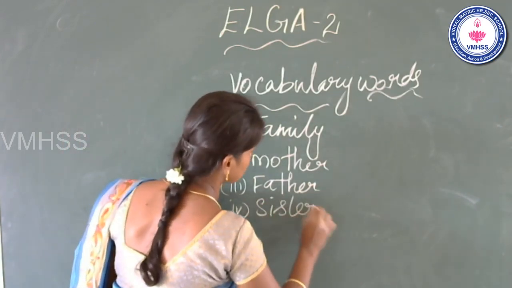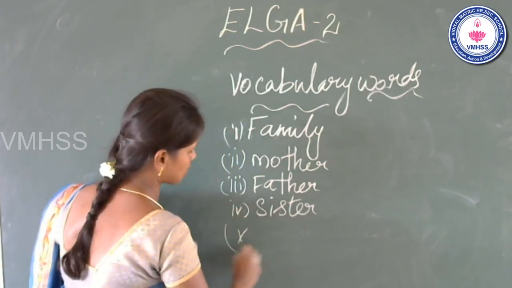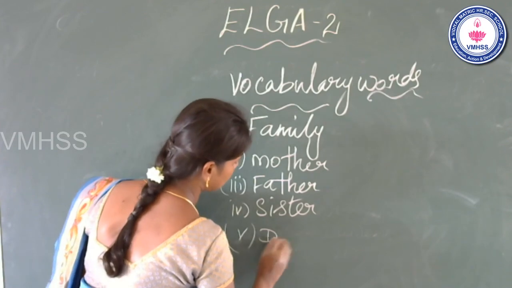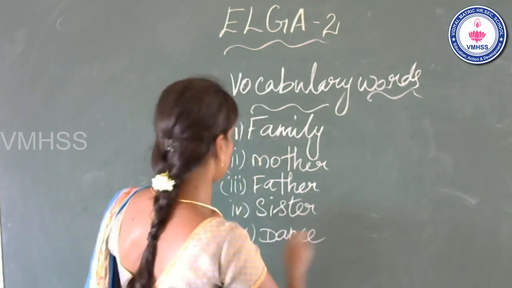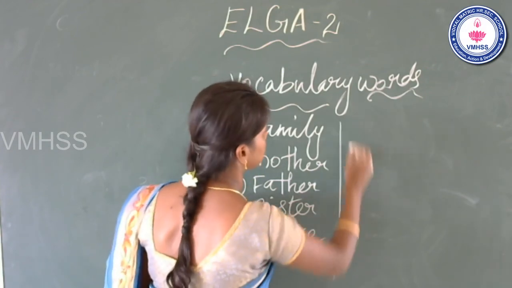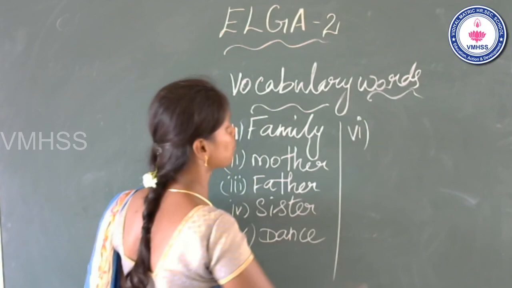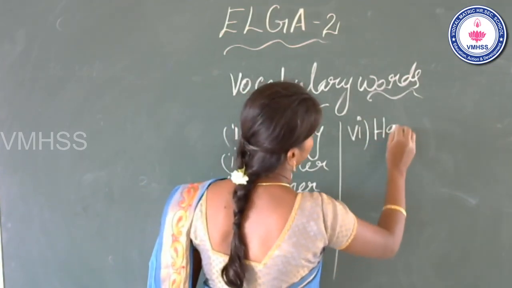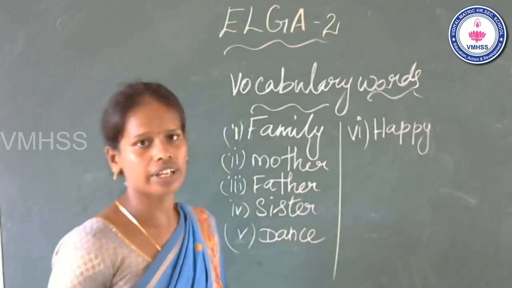Thangachi. Sister. Fifth one is dance. What is the meaning? Dance, aadunadhu. Okay. Sixth one is happy. What is the meaning? Happy. You feel very happy. Okay.